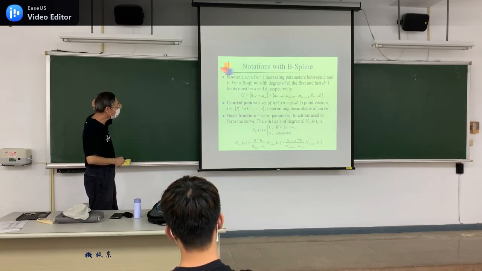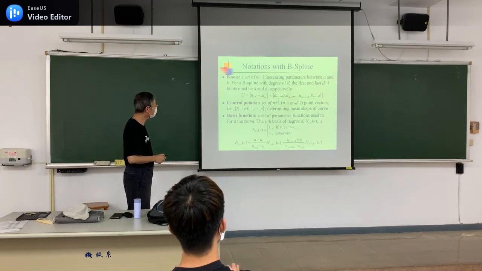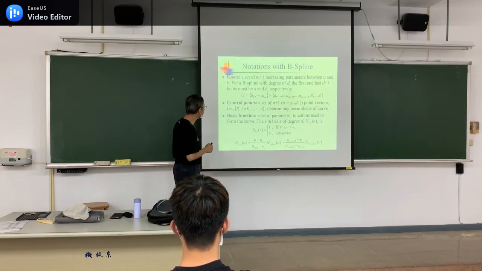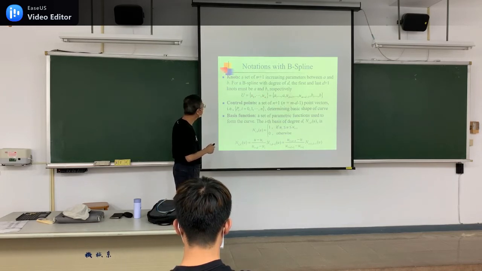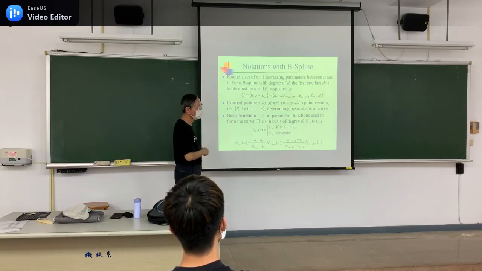So for this one with degree d, the first and the last d plus 1 knots must be A and B respectively. In other words, you have the so-called knots, u0 up to un. Knots include n plus 1 increasing parameters.